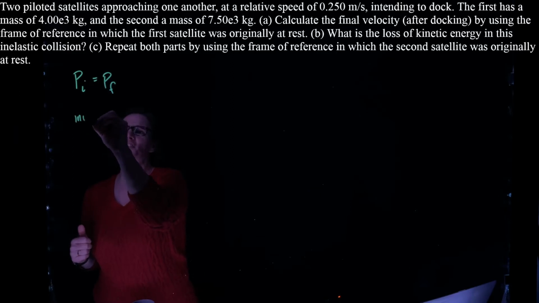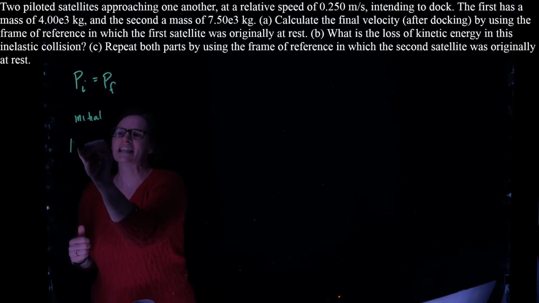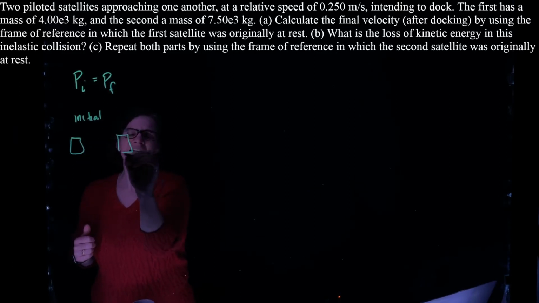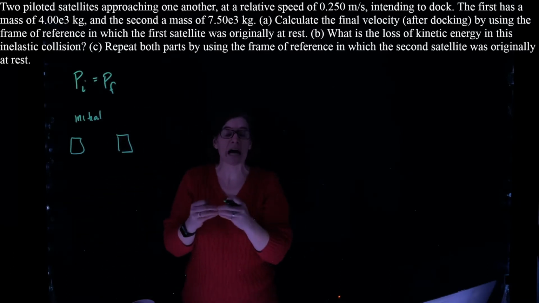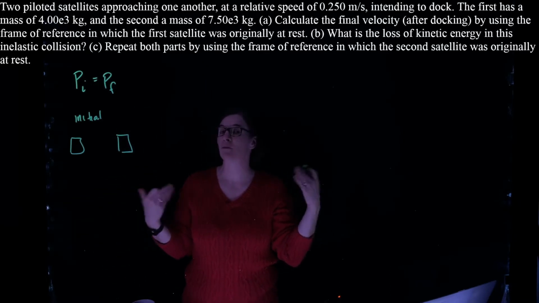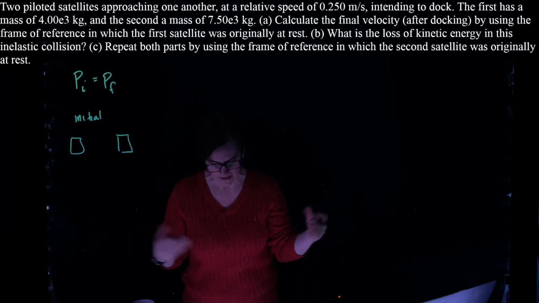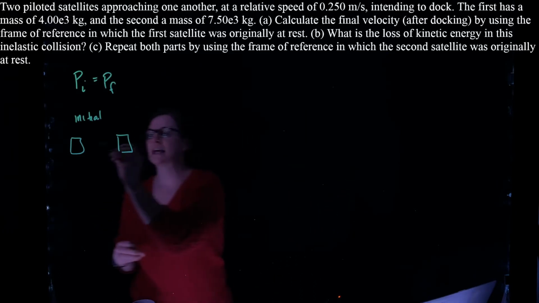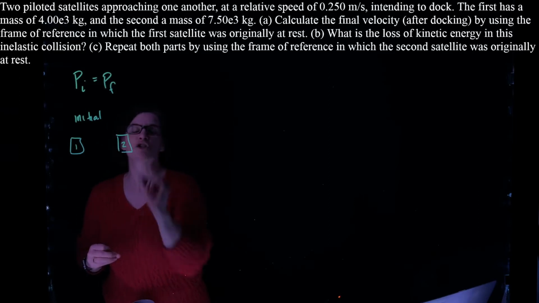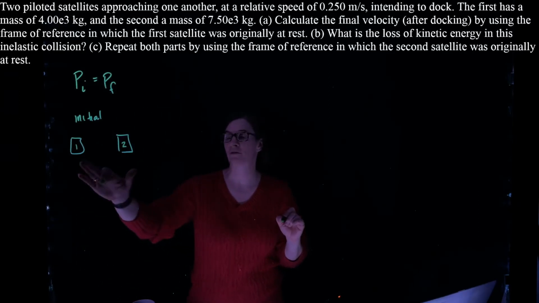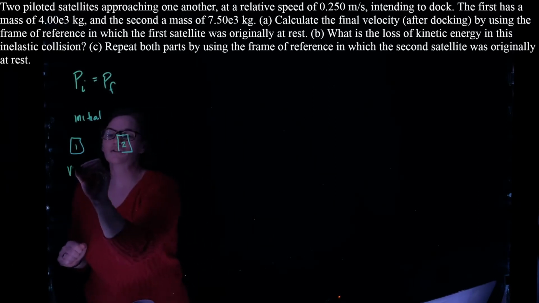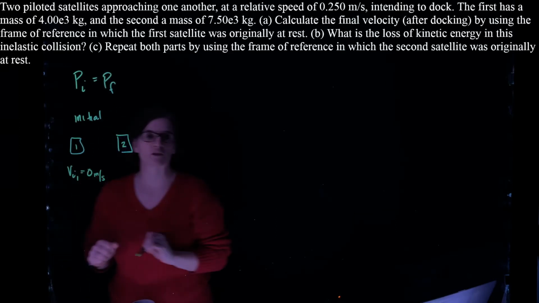So our initial condition is these two satellites, and they're going to dock, and we're told that they have a relative speed of 0.25 meters per second. If this is satellite 1 and this is satellite 2, we want to look at the frame of reference where the initial velocity of satellite 1 is equal to 0 meters per second.